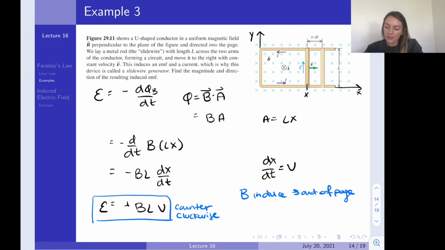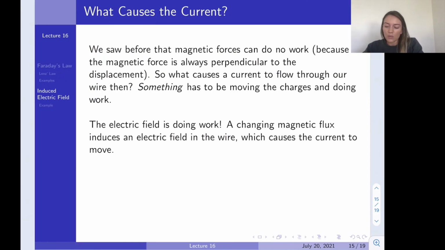Now let's talk a little bit about what is actually causing this current to flow. Because right now we're sort of treating it like magic almost. We're like, okay, there's a changing magnetic field and then suddenly a current flows. So what is actually causing this current to flow? Now, we remember that a current is made up of moving charges. So if I have a wire, that means that I have moving electrons in that wire.